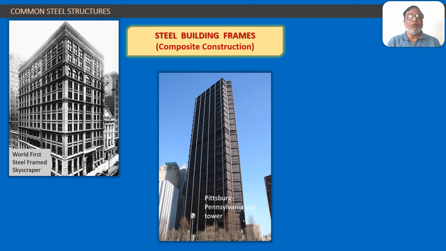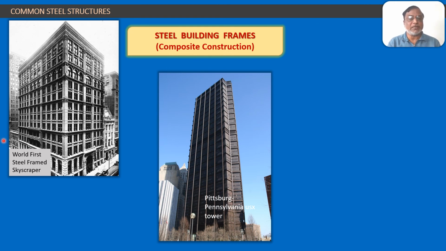So what is done in such a case? These buildings will look from outside as concrete buildings only, but from inside these buildings are made up of steel building frames. So steel building frames, that is why, become an internal part or the skeletal part of the skyscraper or high-rise buildings.